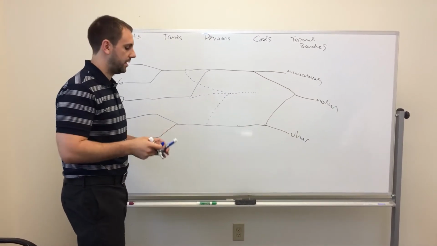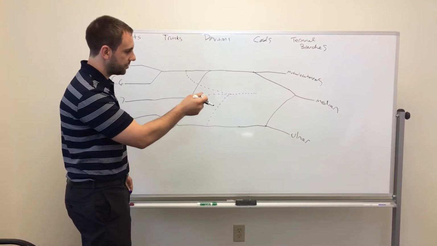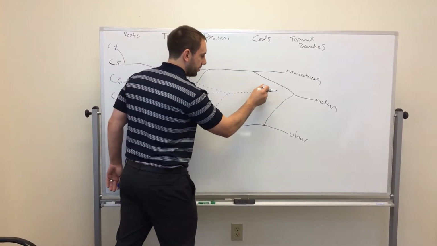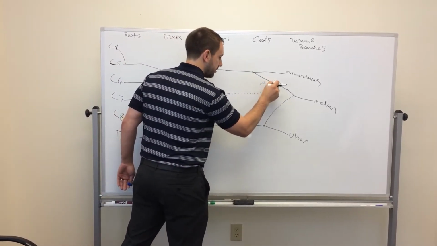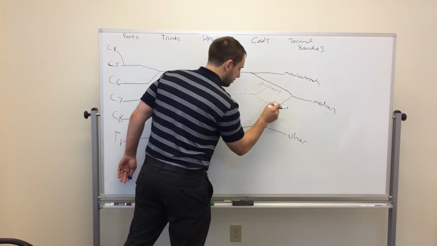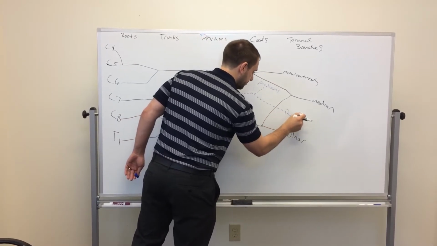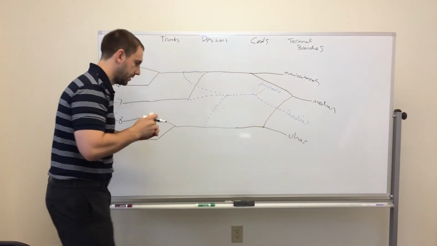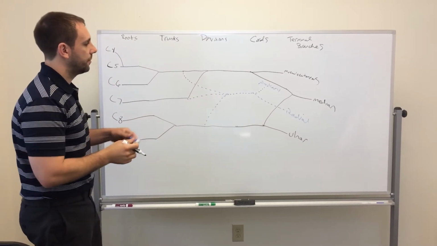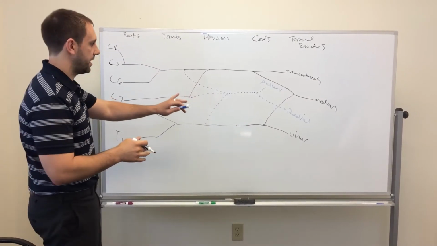This would be ulnar nerve, median nerve. From the posterior cord, there are 2, axillary and radial. So we'll talk about the terminal branches in a second.